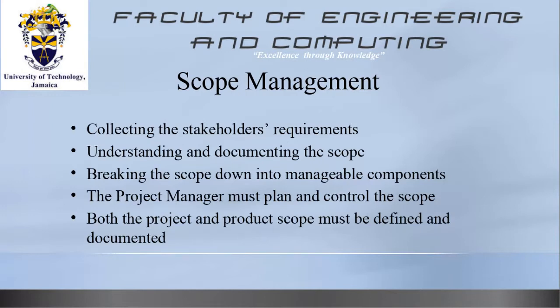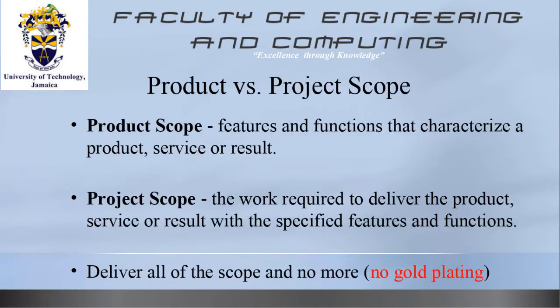We said last week that the product scope speaks to the features and the functions that characterize either the product, the service, or the result. So that is the product scope. The project scope, on the other hand, we said was all of that work that is required to deliver the product, the service, or the result with the specified features and functions.